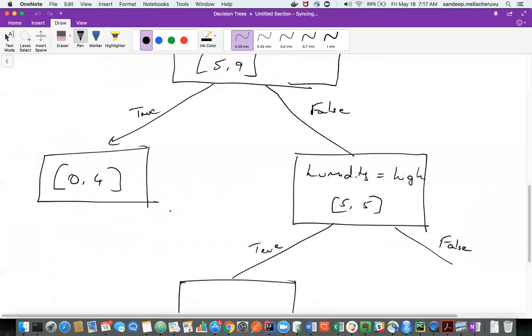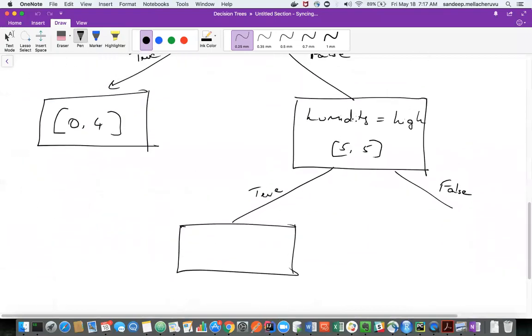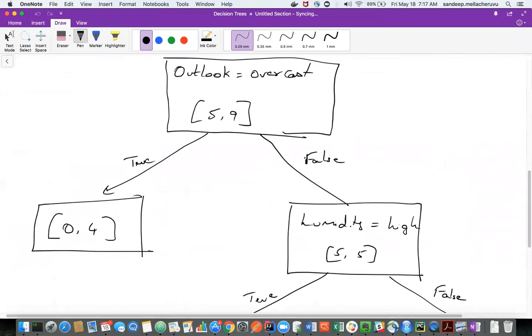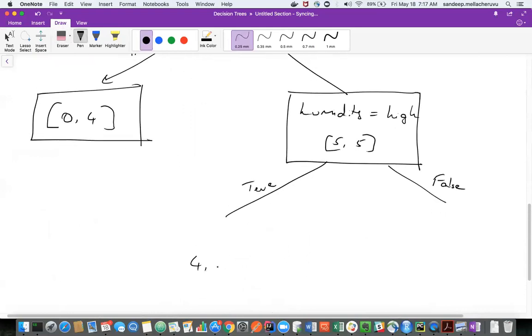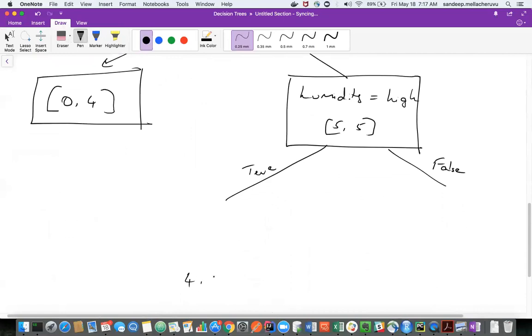Now, what I'm getting is when outlook is not overcast, as well as there is a high humidity, I'm getting 4, 1. Let me remove this box. 4, 1. When there is a high humidity as well as outlook is not overcast.